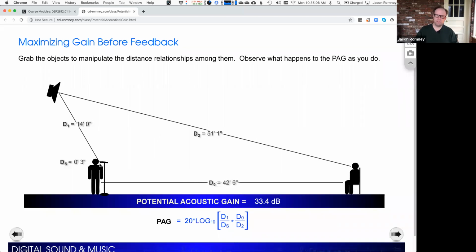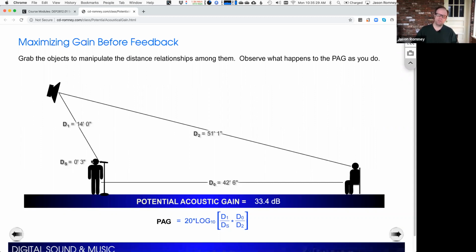Why? Because whatever the talker is doing, we're not giving up any of that sound by traveling through the air, because the mic is right up against their mouth. So all of that work that they're doing, we're capturing all of it, which really helps with our gain. We're still getting 33 dB of gain, which is a lot. You'd get paid pretty well for that show.